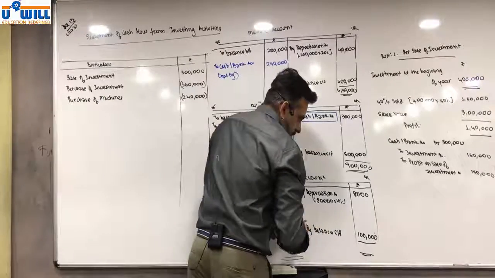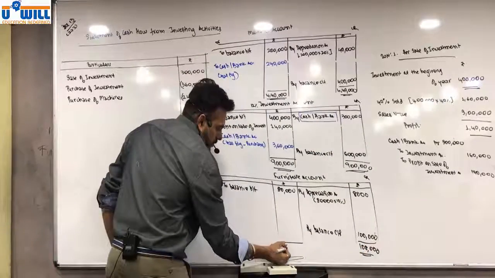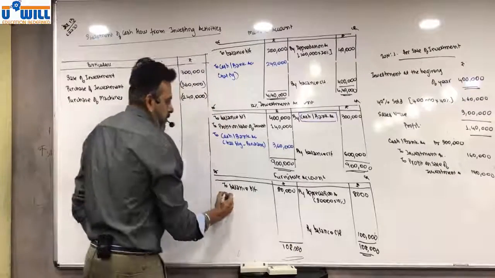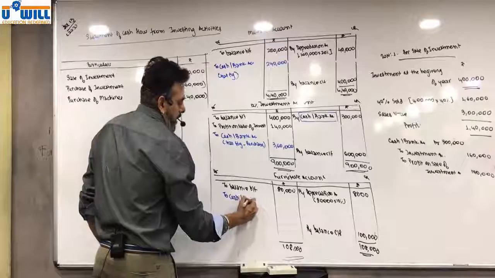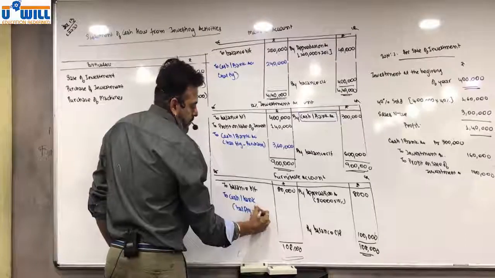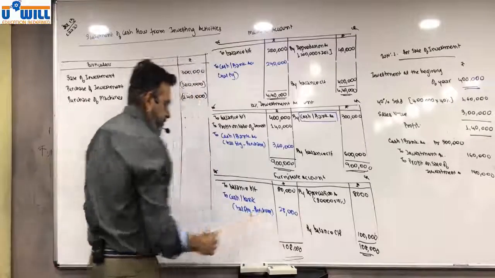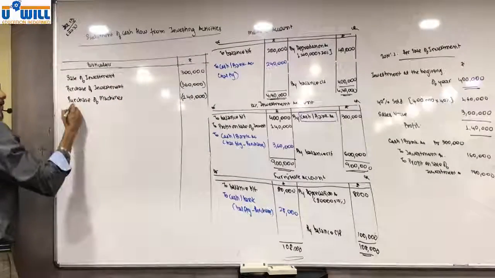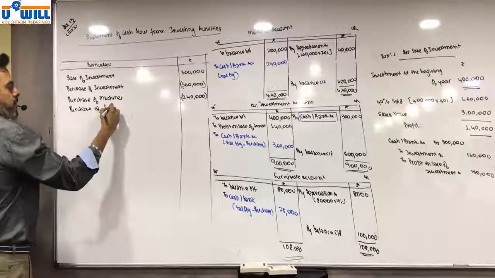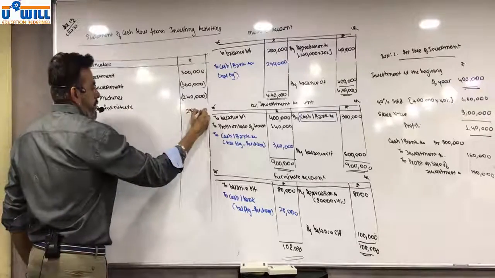Balance it. 1 lakh 8,000. 1 lakh 8,000. To cash or bank, इसे लिखना प्लीज, balancing figure, purchase 28,000. Again purchase, so purchase of furniture 28,000.